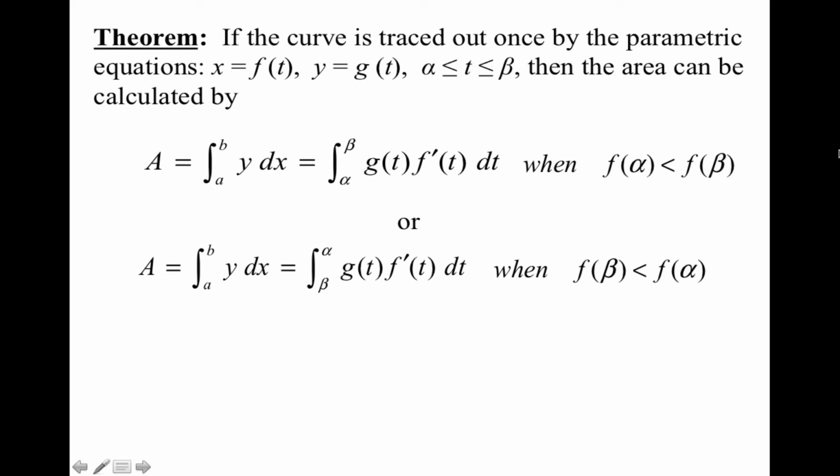And then basically we have the same thing, but your limits are switched if f of beta is less than f of alpha.